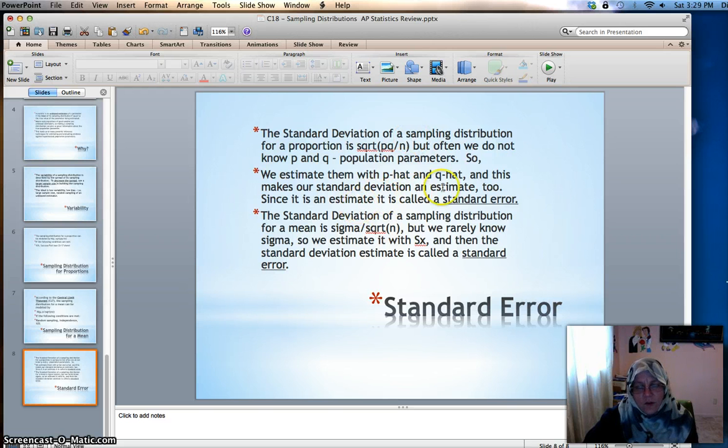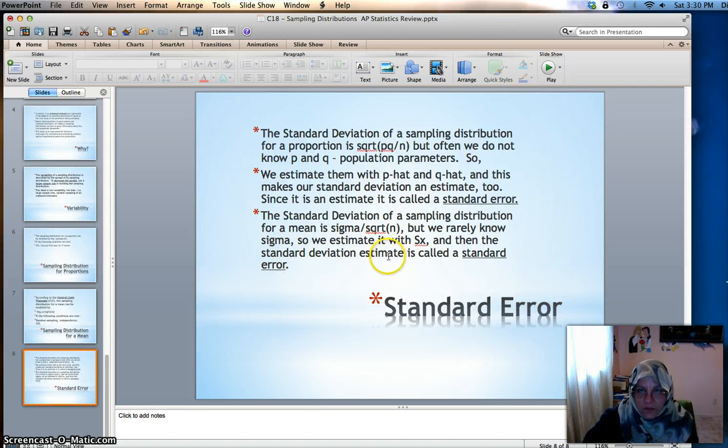And so because it's an estimate, we call it a standard error. It's just kind of a weird terminology that's still used in math, kind of old, where error doesn't necessarily mean something's wrong. It has to do with it being an estimate, okay? The standard deviation of a sampling distribution for a mean is sigma over the square root of n, but we rarely know sigma. We rarely know the true population standard deviation.